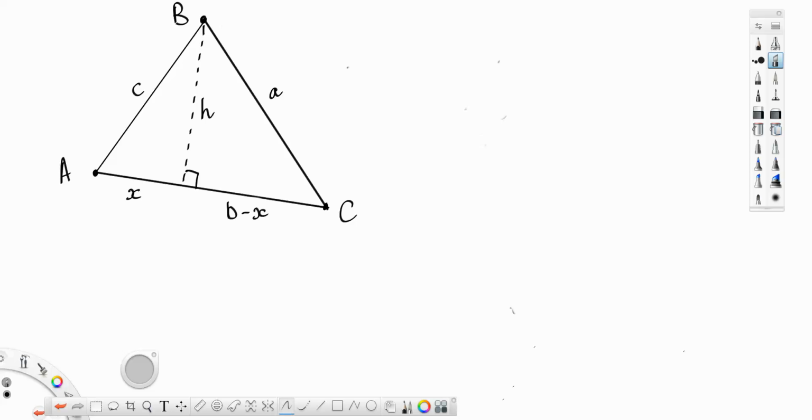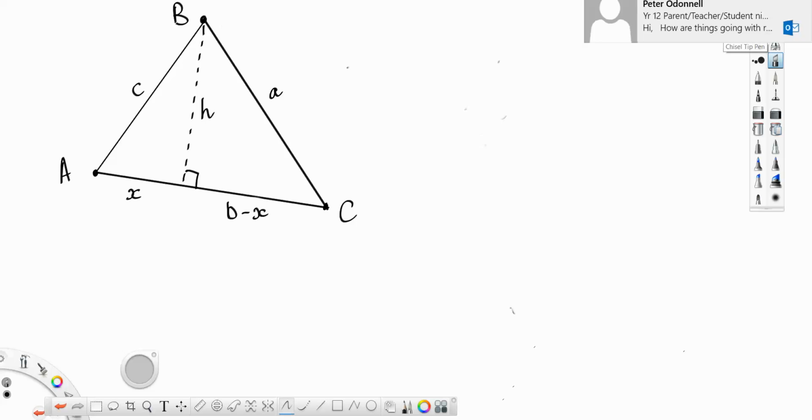We're going to work out an expression that involves that perpendicular. We're going to use the two right angle triangles that we've got here. We'll use Pythagoras' theorem on both of those right angle triangles, to come up with an expression involving H in two different ways.